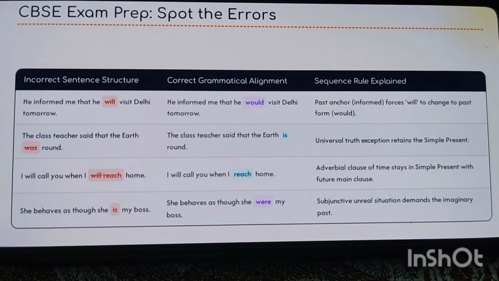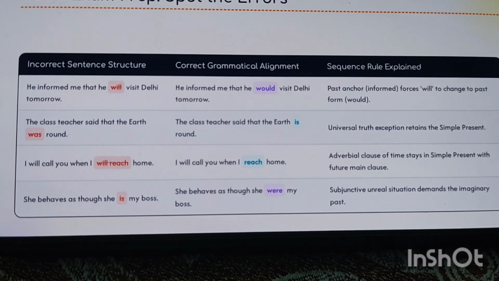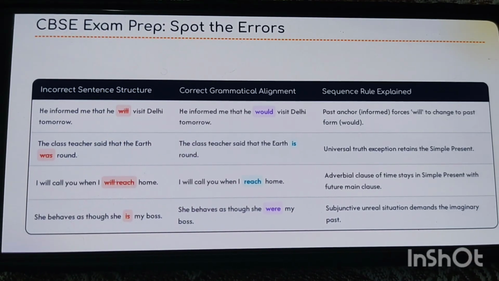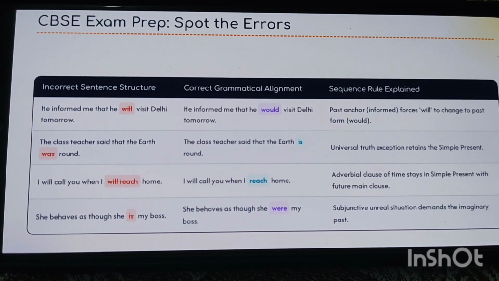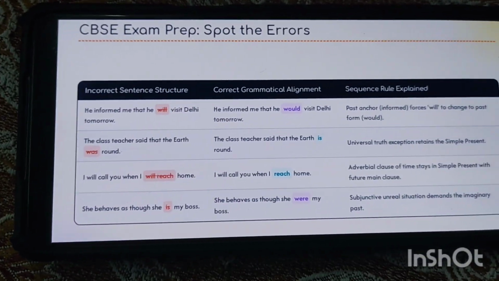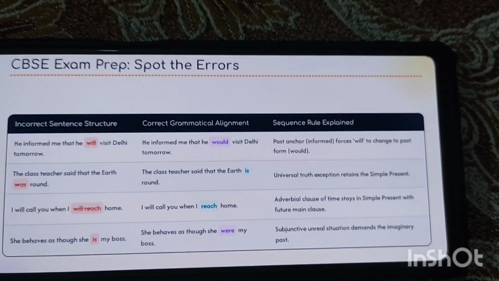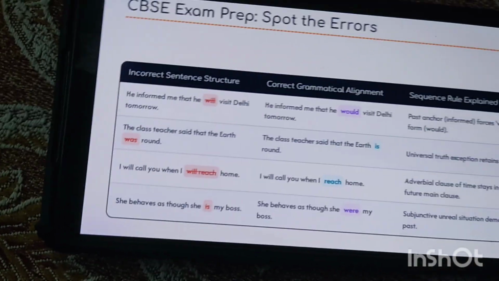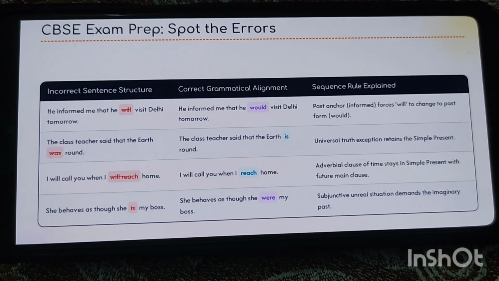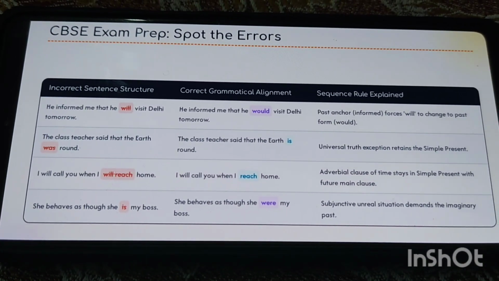He informed me that he would visit Delhi tomorrow, because informed is already in the past tense, so we will not use will. We will change the will to the past form, that is would. So, would visit Delhi. The class teacher said that the earth was round. It is an incorrect sentence. It will be, the class teacher said that the earth is round, because it is expressing a universal truth.